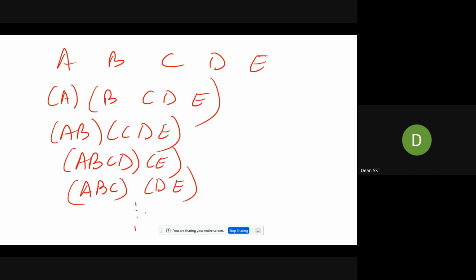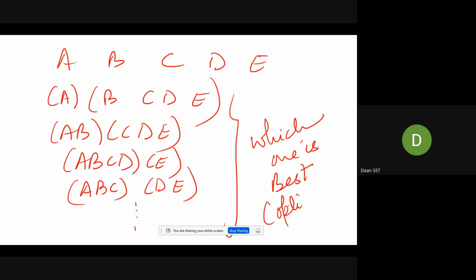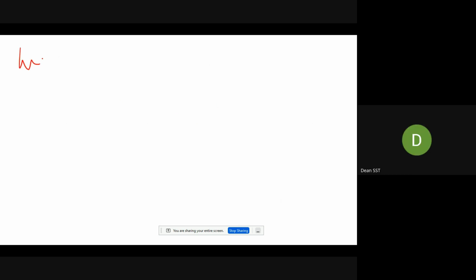There are multiple options and we have to find which one is best, or we can say which one is optimal. So we have to optimize the computation.